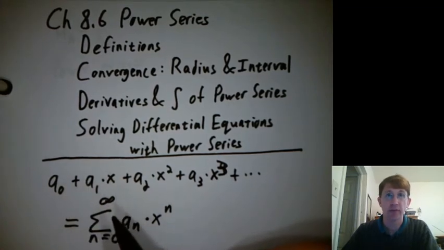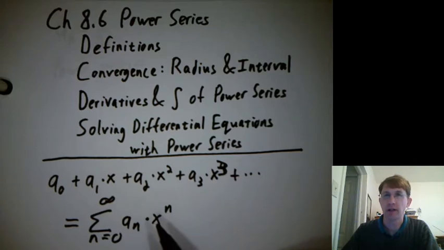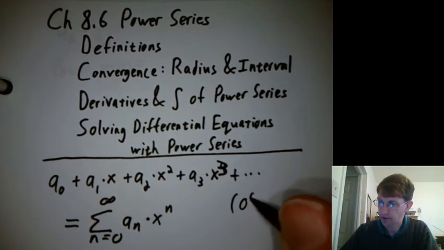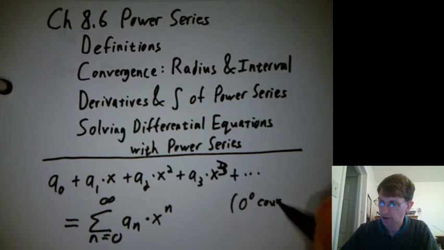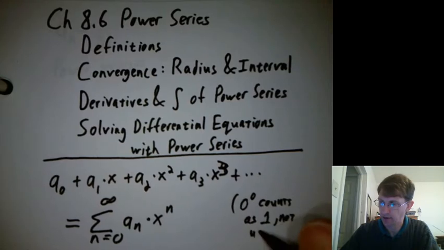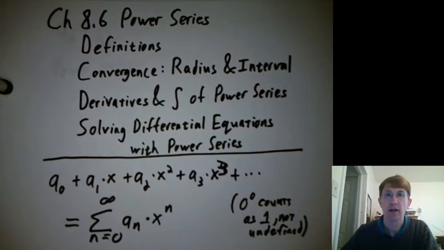So that brings up the issue of, what if I put in x equals 0, then I'll get 0 to the 0, which is technically undefined. So we're going to say in this chapter that 0 to the 0 counts as 1, not undefined. That just makes life easier.